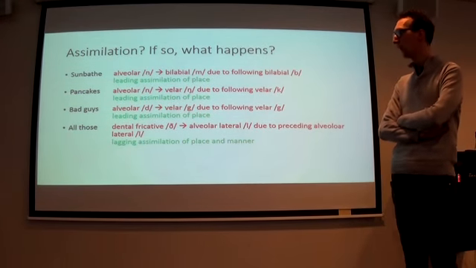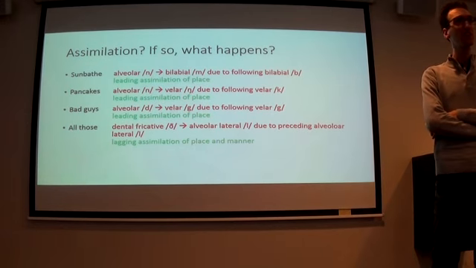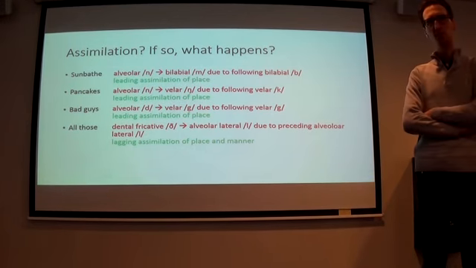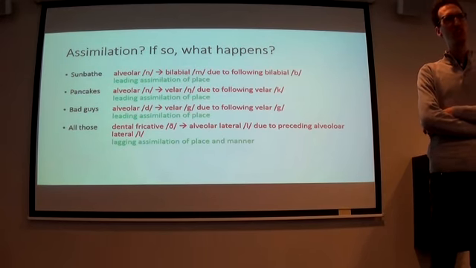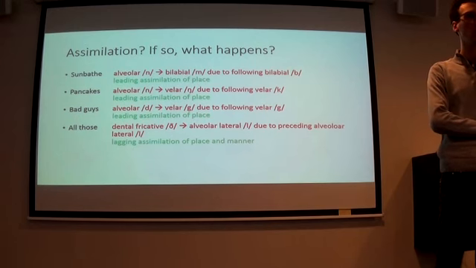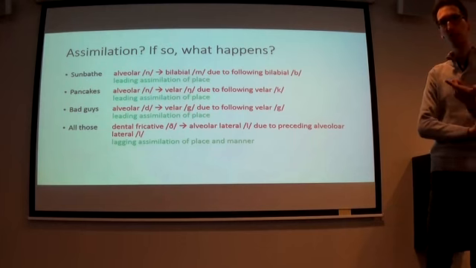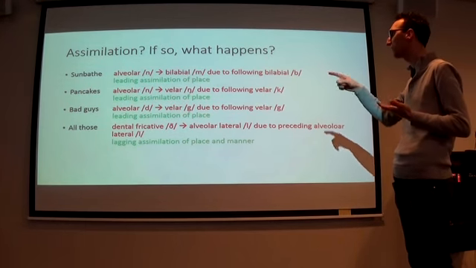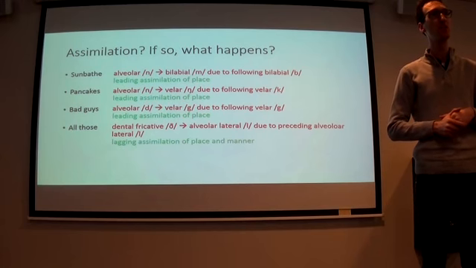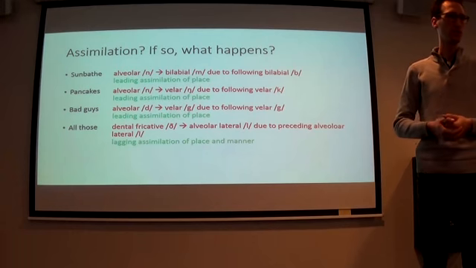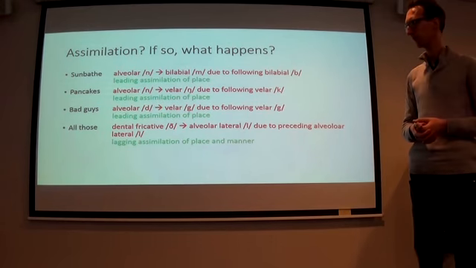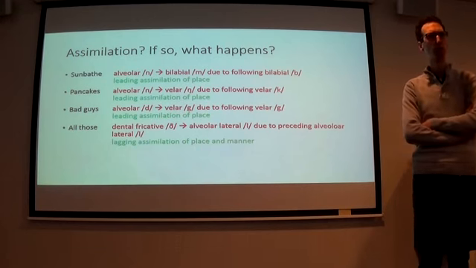So, the first three are all leading assimilation of place. Why place? The only thing that changes here is not the manner of articulation, but the place of articulation. In none of these three does a fricative change to a plosive or whatever, or a fricative to an approximant.